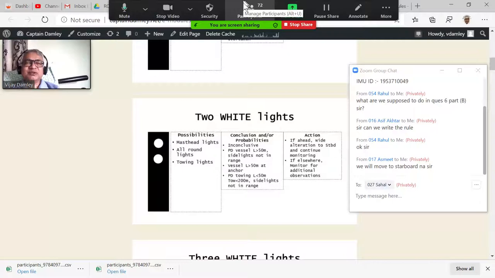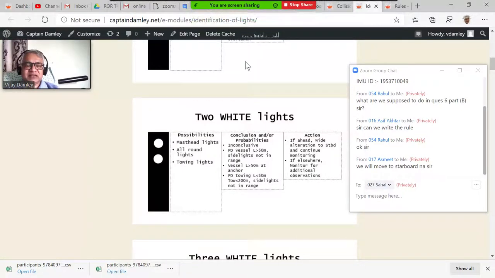Yes, you move to starboard because if it is open sea, why do we move to starboard? Because I have got a probability it may be a masthead light or a stern light. If it is a stern light, I can go to port side or starboard side, no problem, because I am overtaking. It is my responsibility to keep clear.